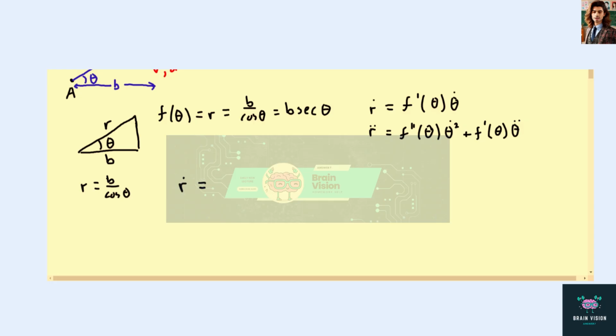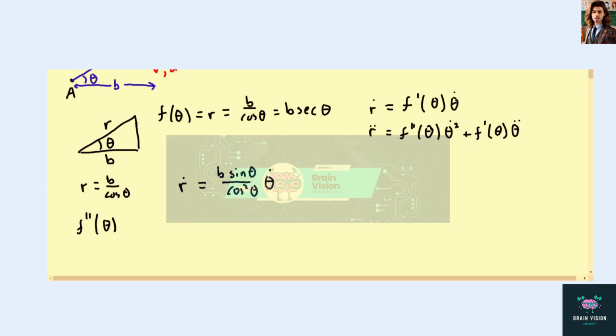It's going to be b sine theta over cosine squared theta times theta dot. Okay, now for calculating r double dot, it's a little more complicated. So first thing, we'll go through calculating that second derivative. So second derivative of this function.